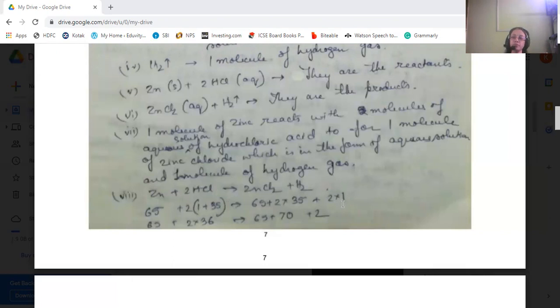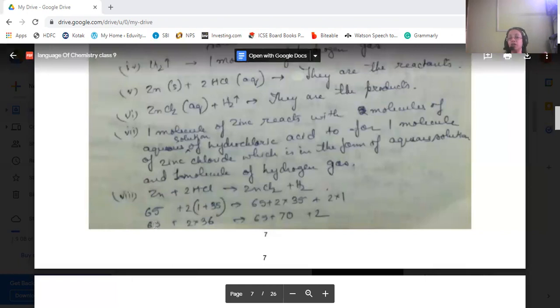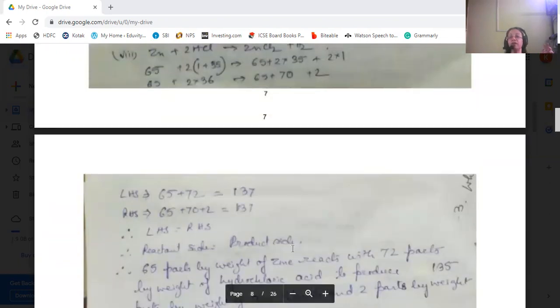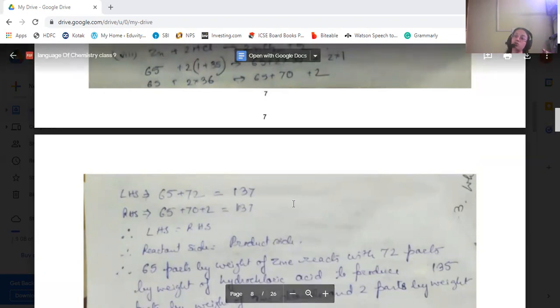So on the reactant side we get 65 plus 2 into 36, and on the product side we get 65 plus 70 plus 2. That means the left hand side is 137 and the right hand side is also 137.